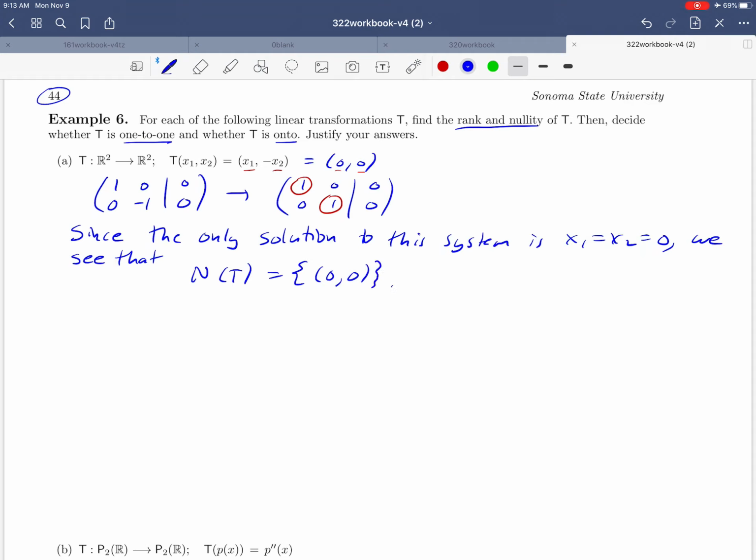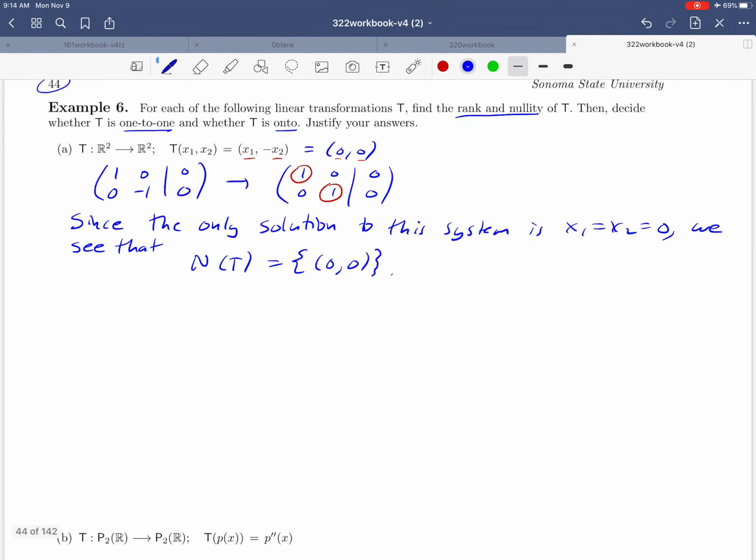That's the only one that works according to our calculation. What's nice about this is that just by doing that one calculation, we actually have enough information to answer this whole question if we play our cards right, if we use the theorems that we have.